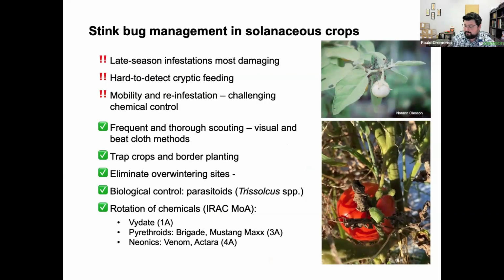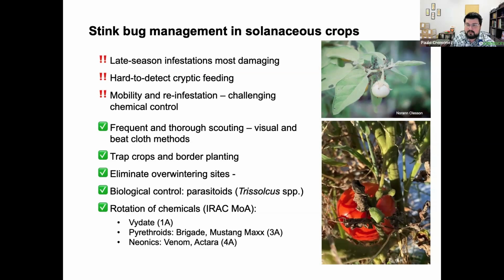So the recommendation here is to do frequent and thorough scouting, especially in areas where you have historically had problems with stink bugs. You can use visual or beat cloth methods.